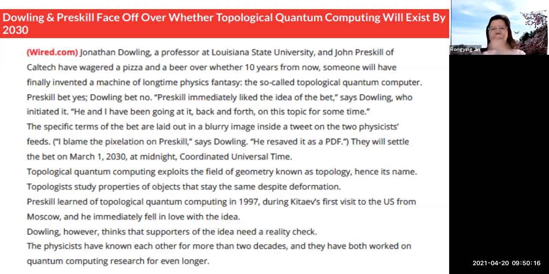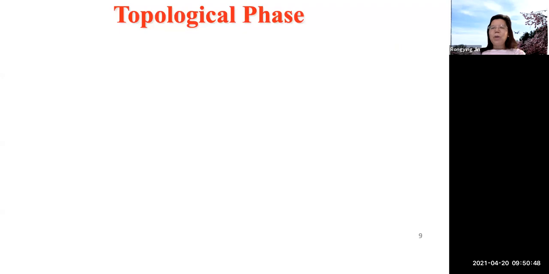So now I come back to briefly introduce the topological phase, because this is what people use one sentence to say: topologists study properties of objects that stay the same despite deformation. Yes, the description is overall true, but how much people's understanding of such concepts is still kind of questionable.